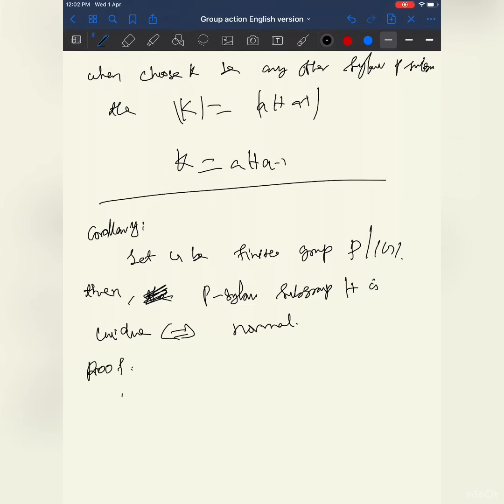Proof. Let's assume normal implies unique. This is very important from a problem perspective. Let's see. gHg inverse equals H, normal meaning.